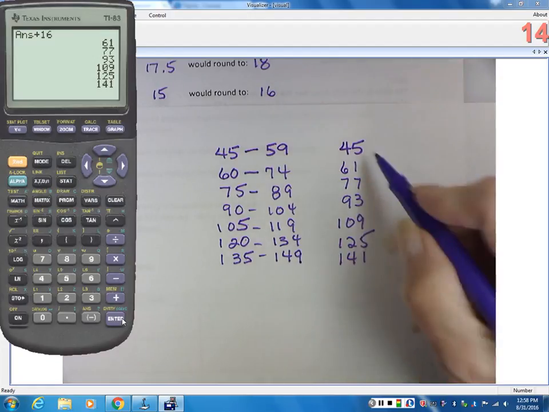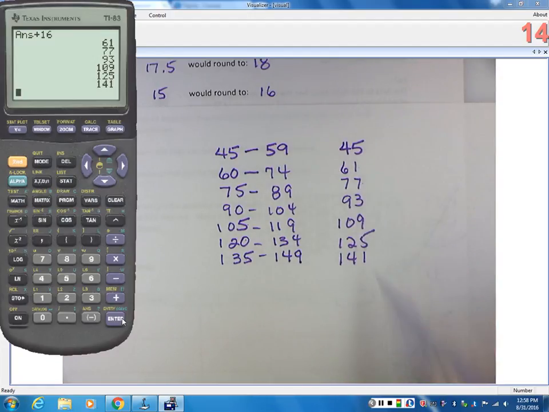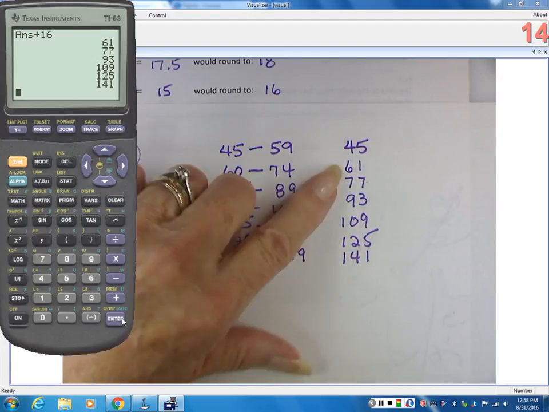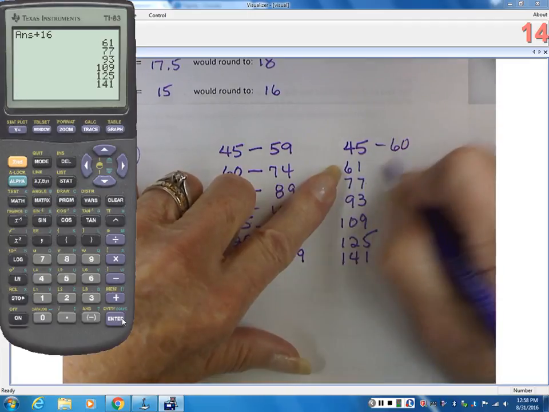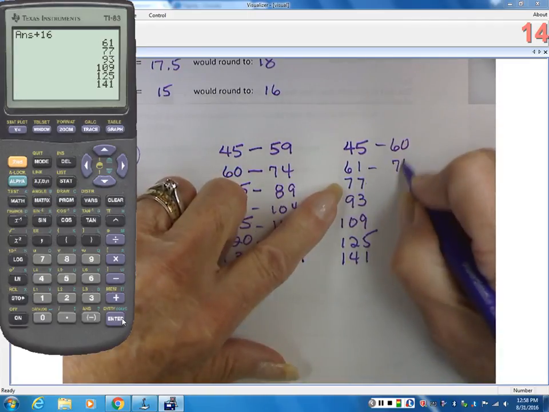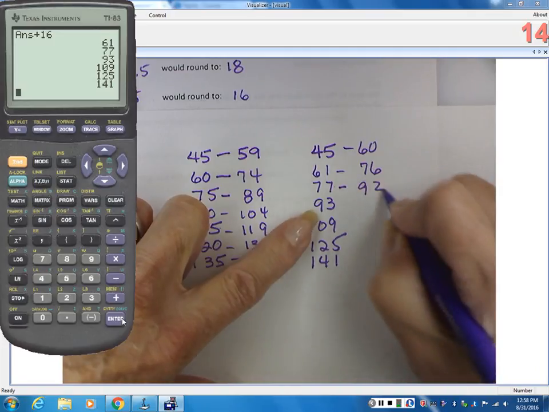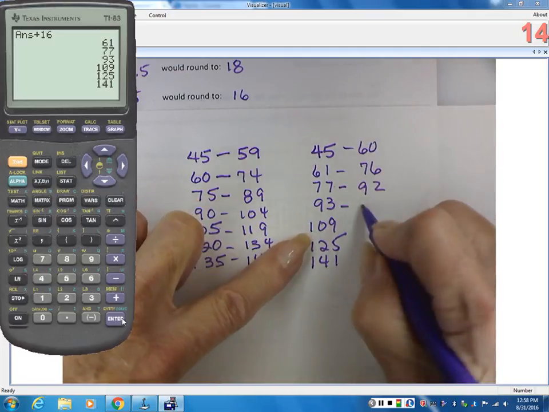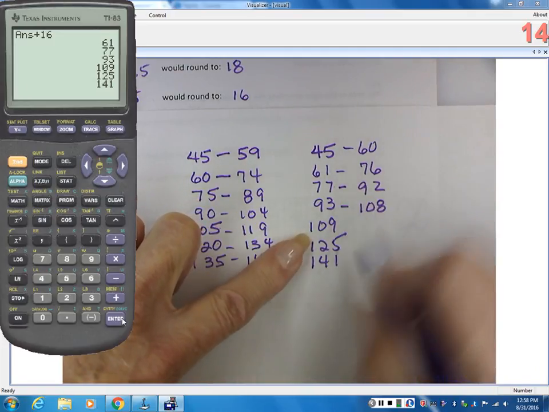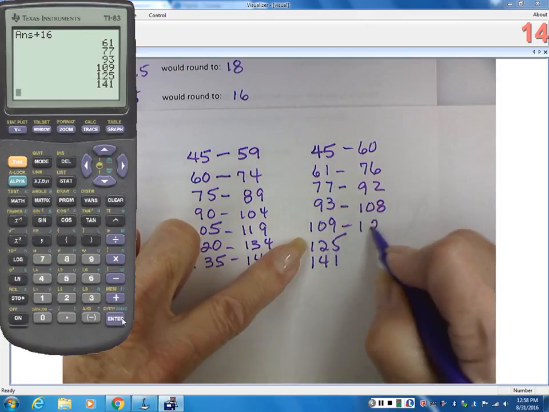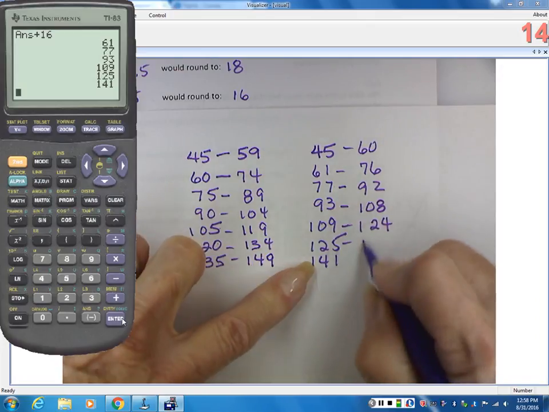So I have 1, 2, 3, 4, 5, 6, 7 class intervals, and this one goes up to 60. This one goes up to 76. This one goes up to 92. This one will go up to 108. This one will go up to 124. This one will go to 140.